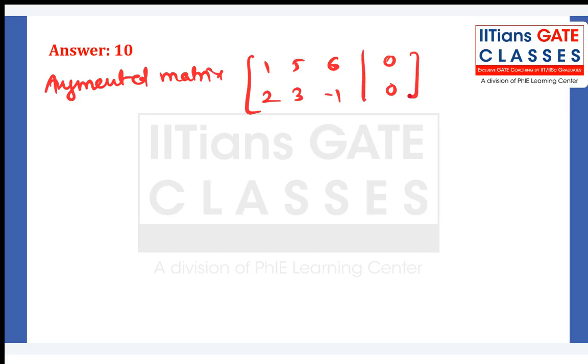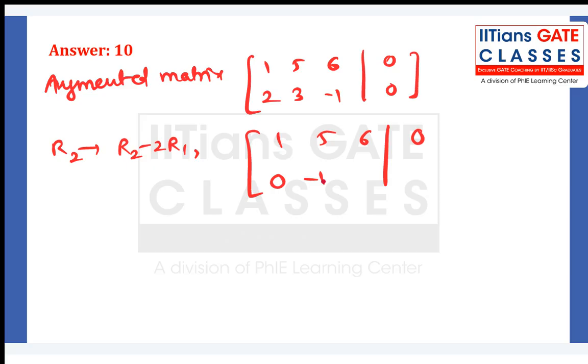So our objective is always to do Gauss elimination. That means R2 becomes R2 minus 2R1. Okay, so first row remains as it is, nothing changes there. So this will become 0, and this will become 3 minus 10, so minus 7. And 3 minus 6, so minus 1 minus 12, so minus 13.